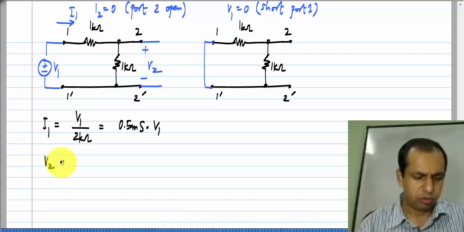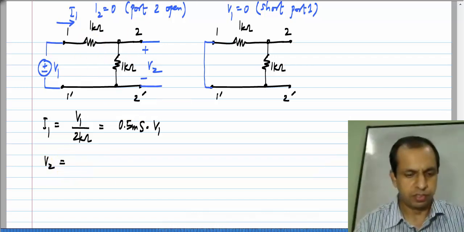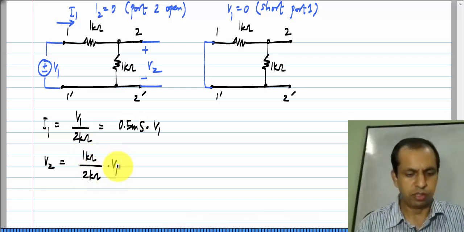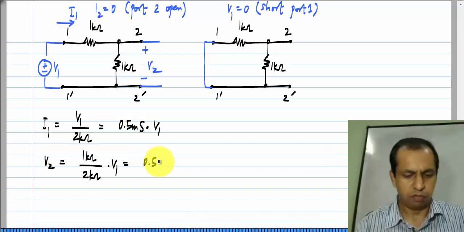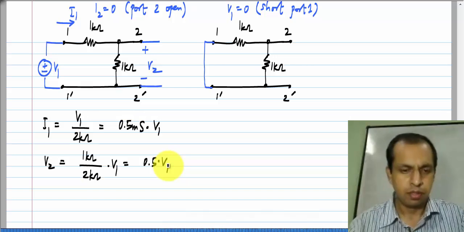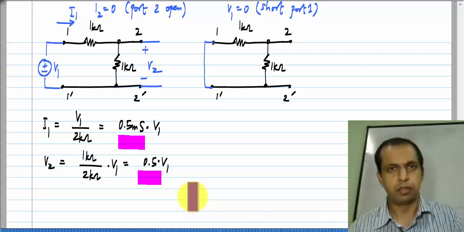Similarly, V2 is the result of voltage division between these two resistors. So, we get 1 kilo ohm by 2 kilo ohm times V1, or simply half of V1. Okay. So, you see that this is G11, this is G21.